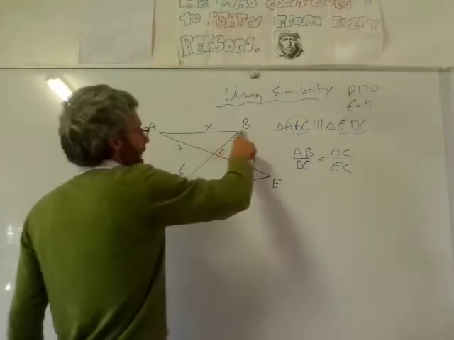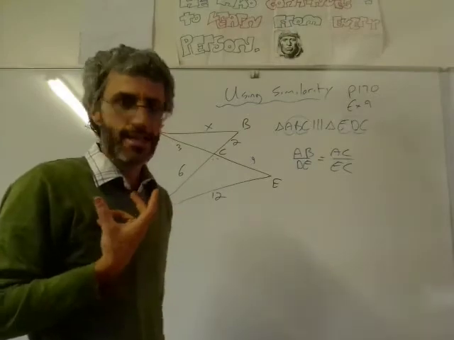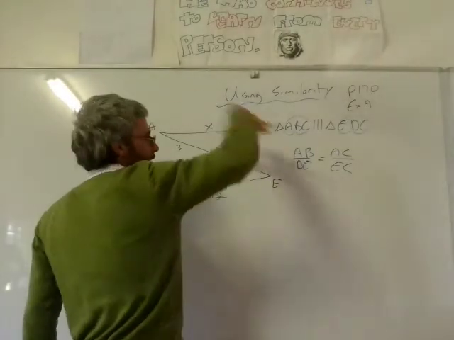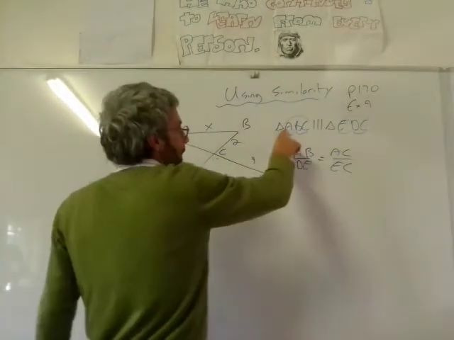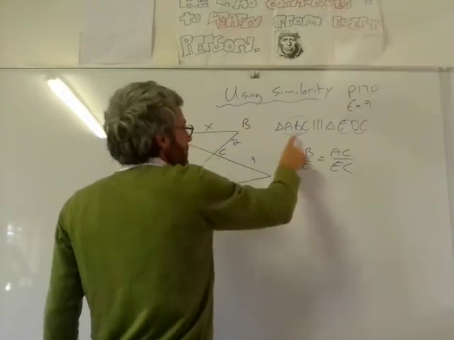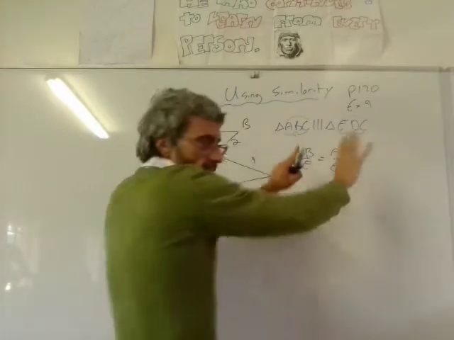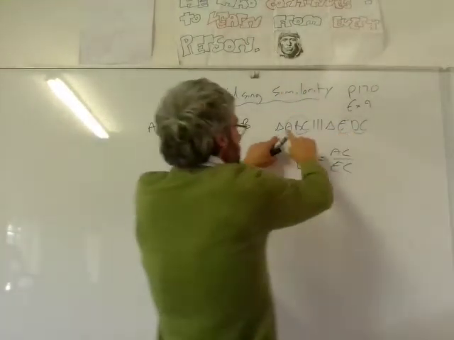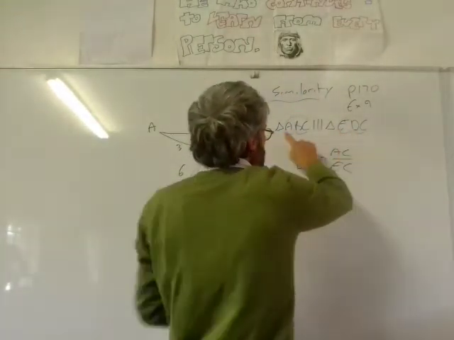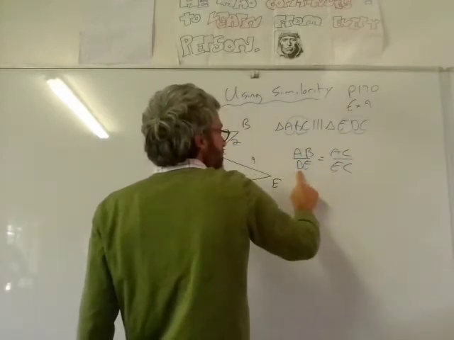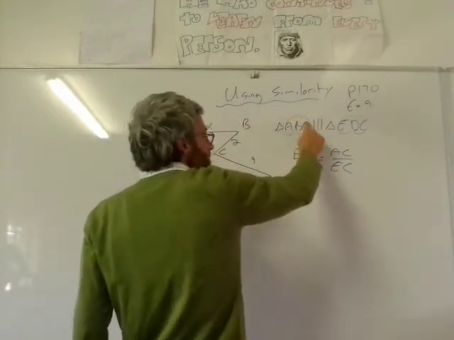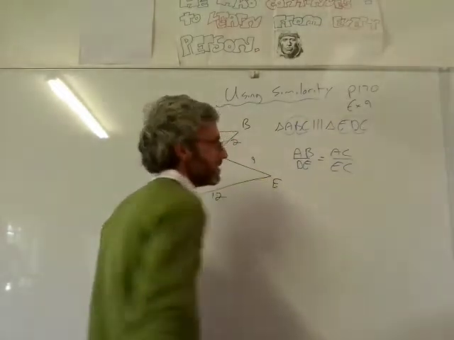I want to know what AB is, because that's what I'm trying to calculate, x. So I put that at the top of the numerator. AB will be divided by ED. How do I know? Because if I've written the triangle in the right way, I know that that is proportional to that. So AB divided by DE will be equal to AC divided by EC.